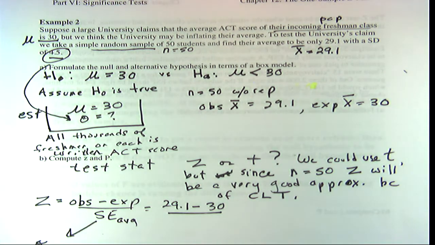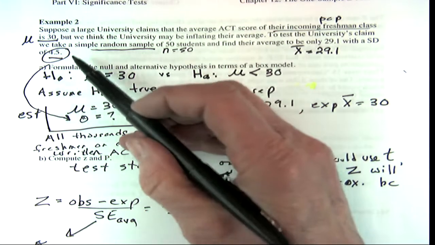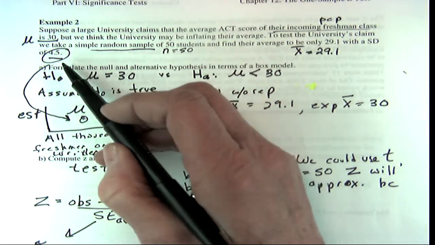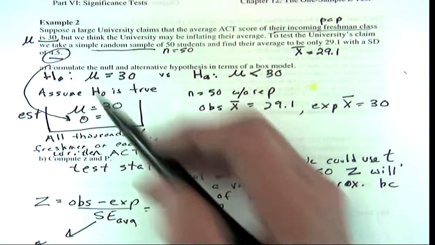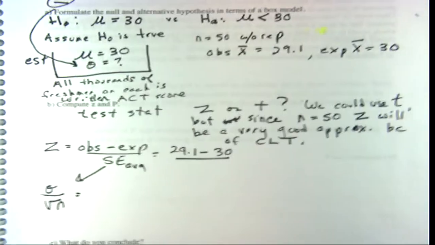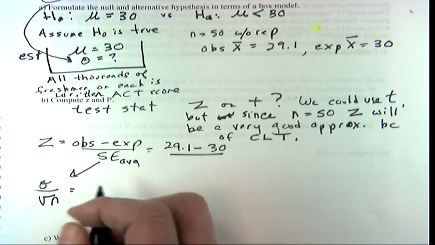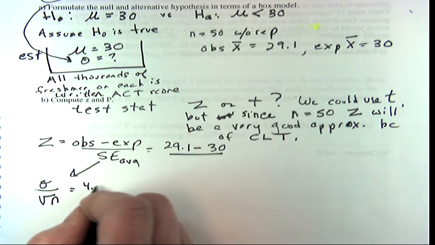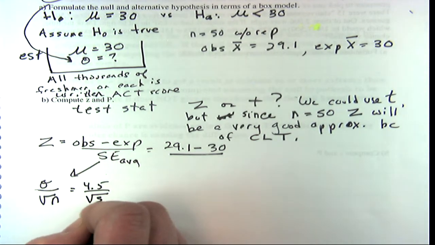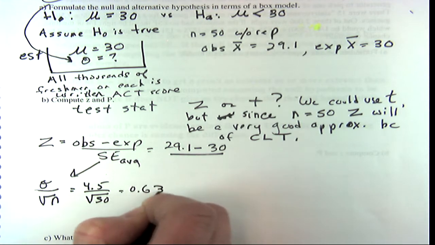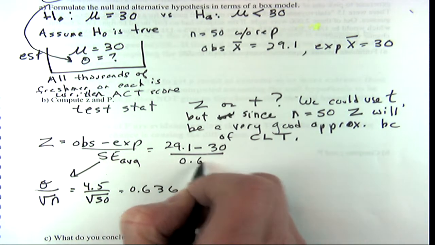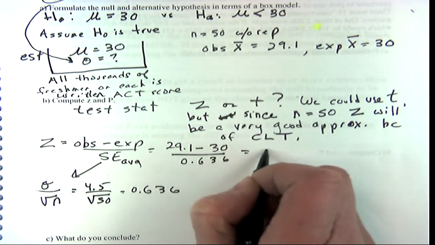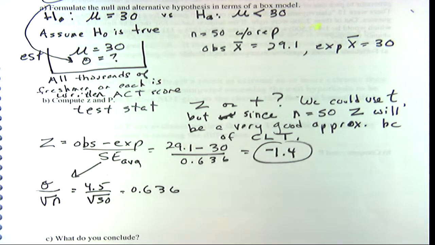By the way, it's fine to make this adjustment to SD plus and still use Z. People just don't generally bother. So sigma over root n: that's 4.5 over the square root of 50, and we get 0.636. That's what we put in here. And then we get negative 1.4, and that is our z-score.